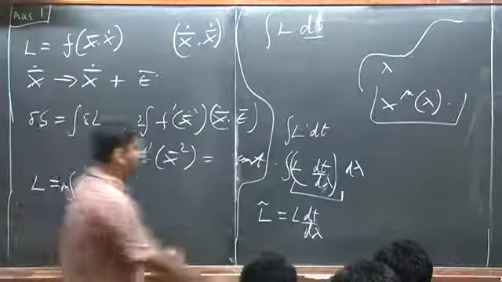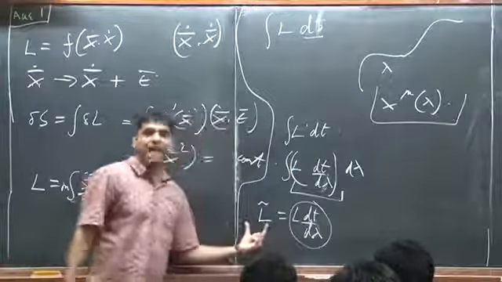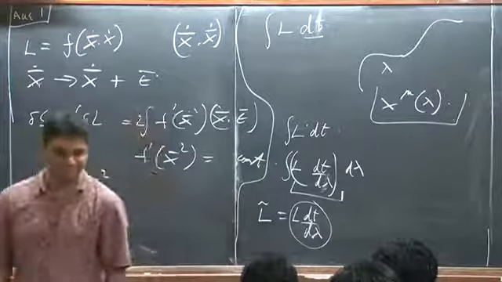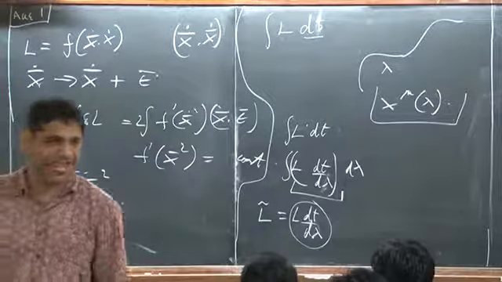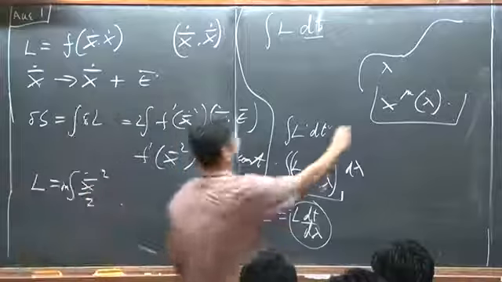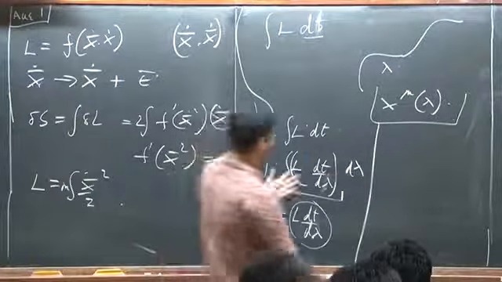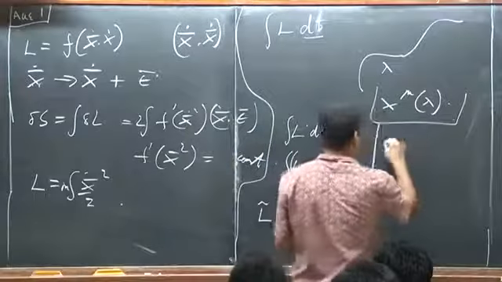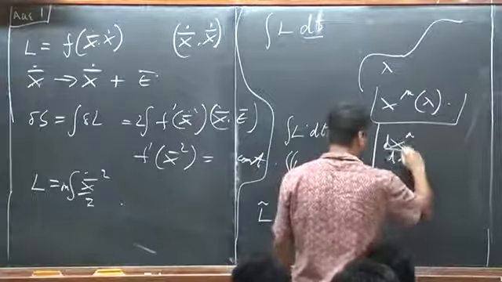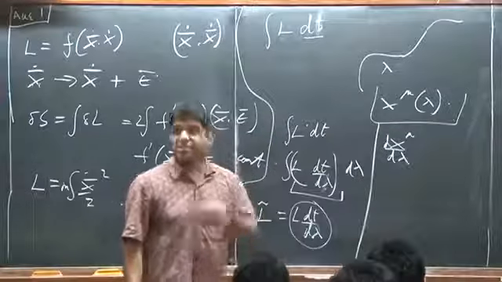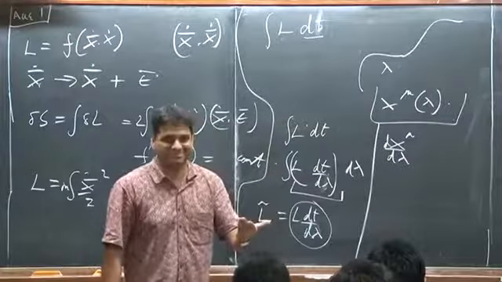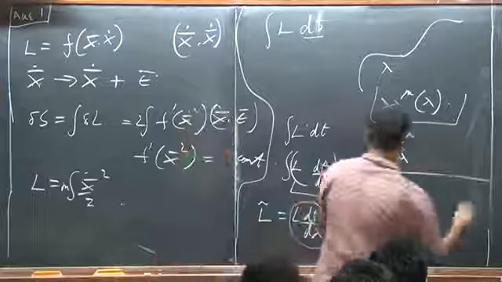This quantity I'm going to try to make Lorentz invariant. Like before, I'm going to try to make some function of dx mu, this time by d lambda, that is Lorentz invariant.